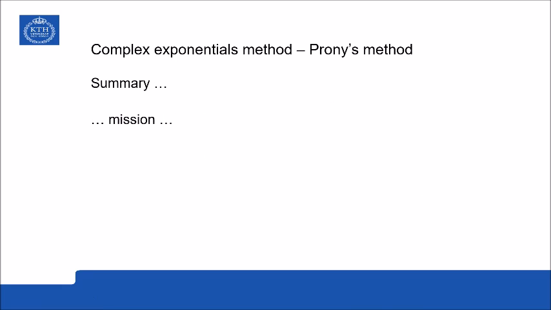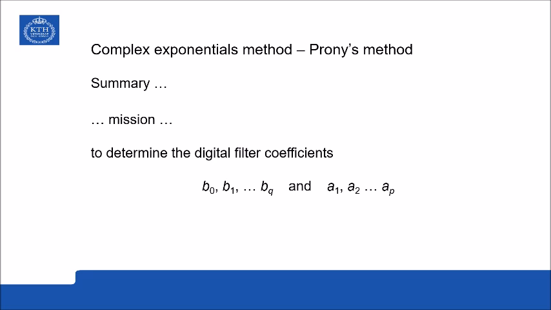So, to summarize, the mission we have is to determine the digital filter coefficients. We want to synthesize a digital filter so that it matches the measured impulse response sequence.